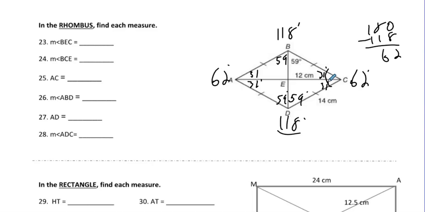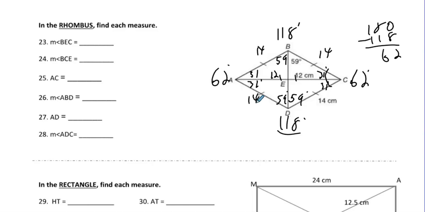And then, if I know this is 12, this is also 12. And I can also label all these outside pieces 14. That's everything I can possibly label based on what I was given. The only thing I don't know is BE, ED, and BD. But I know everything else.